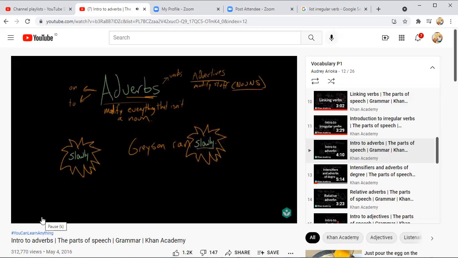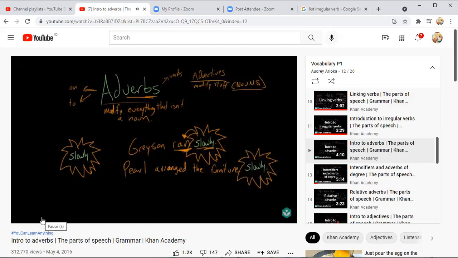You know, slowly here refers back to ran. It's how he ran. Not really describing racing. It's modifying or describing the action of running. Arranged furniture slowly.